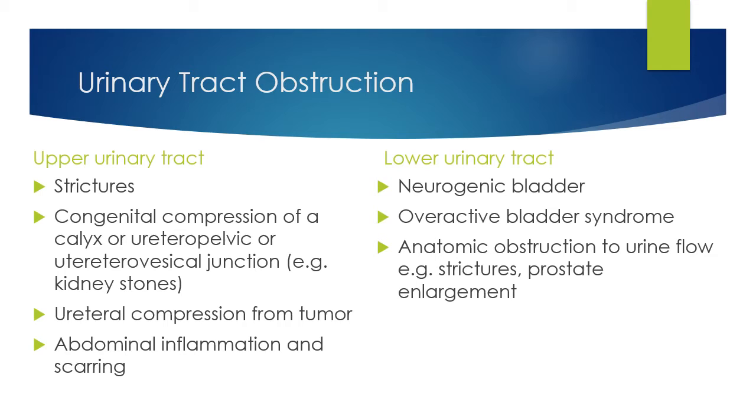Lower urinary tract obstruction is related to storage of urine in the bladder and emptying of the bladder through the bladder outlet. So if there's something that causes bladder outlet obstruction, that would be a lower urinary tract obstruction. It can be neurogenic, anatomic, or both, and it causes the symptom of incontinence.